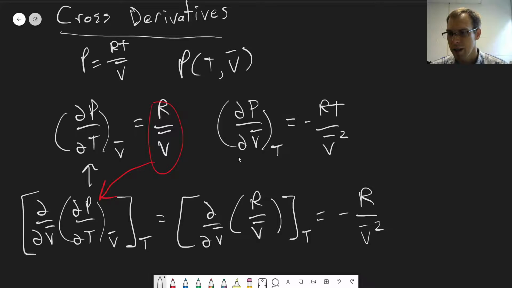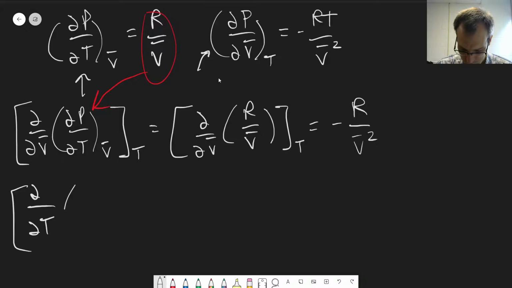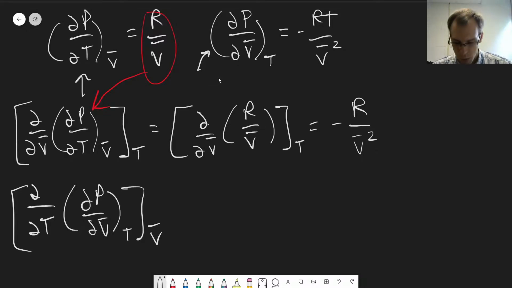Now, if we take the other derivative we did with respect to V bar, we can do the same thing, and take the partial derivative with respect to temperature, of ∂P/∂V bar at constant T, all of that at constant V bar. We can do the opposite cross derivative.